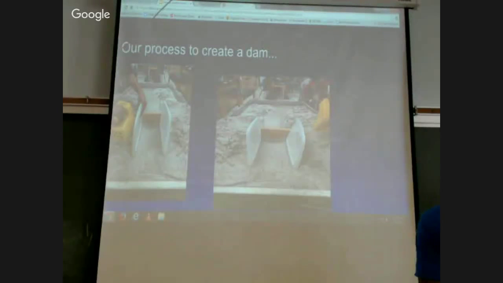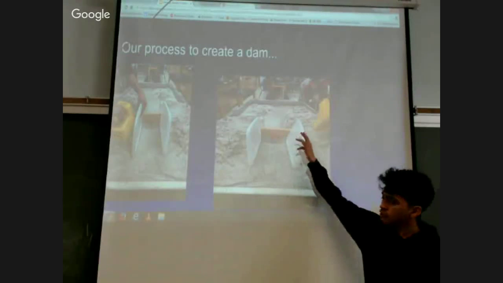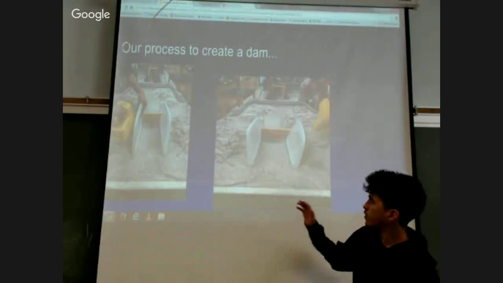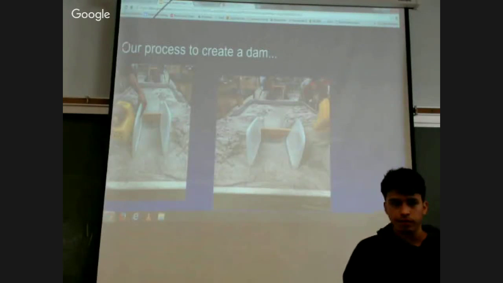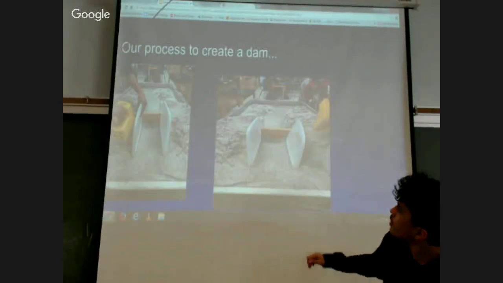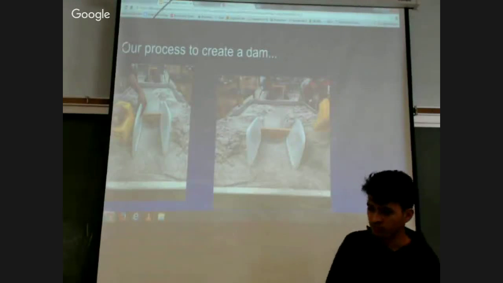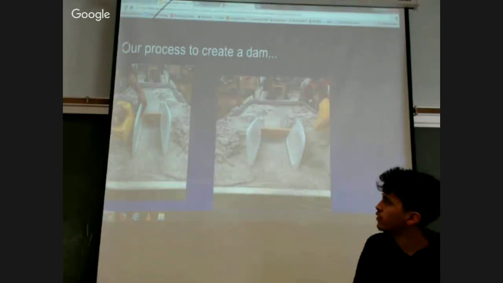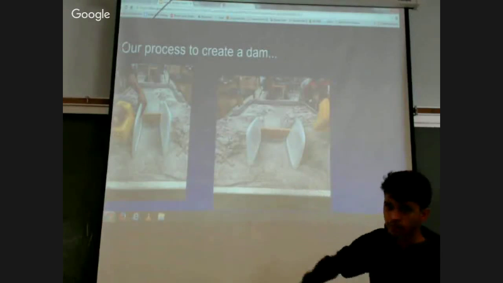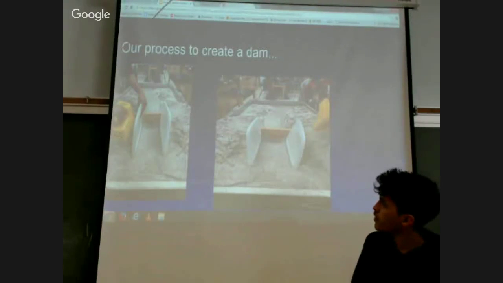Okay, so what we created for the dam is that we made a straight line so that the stream wouldn't make meanders and all that. Then we put a wooden block in the middle so it would be the dam. And then we put these two barriers right here so that the sediments wouldn't come in to make the sandbars.